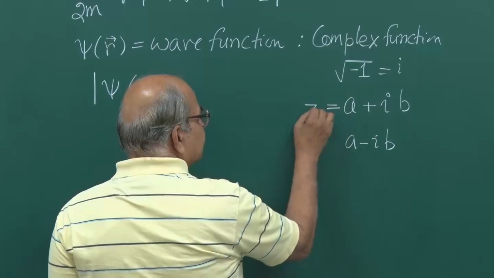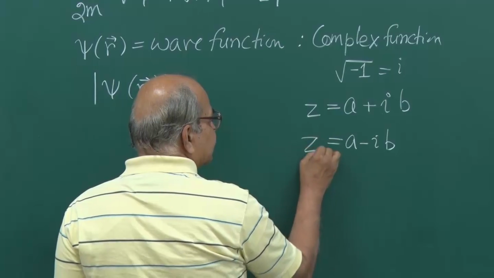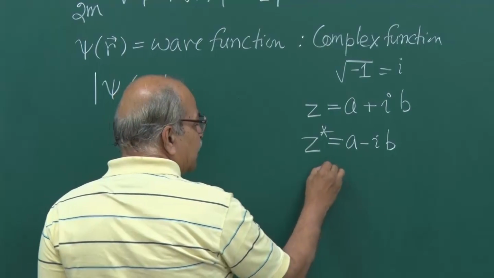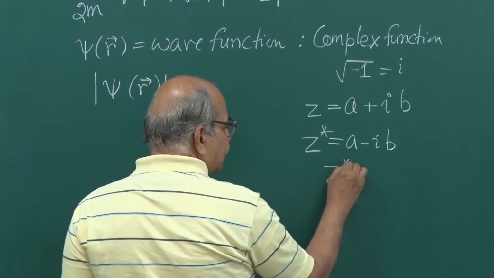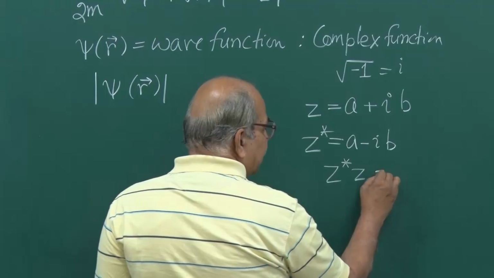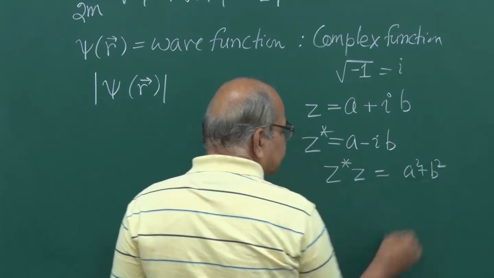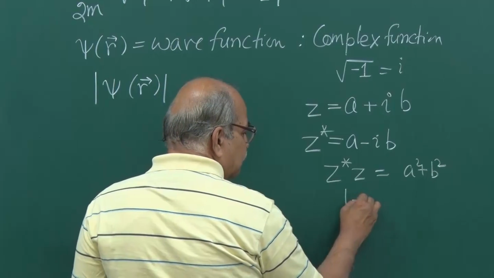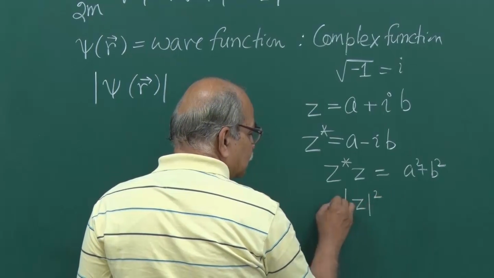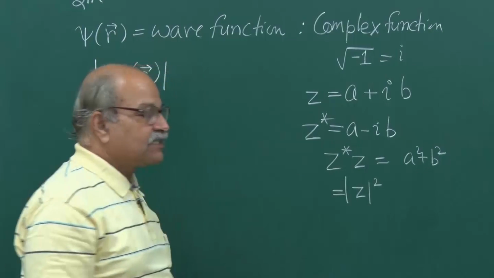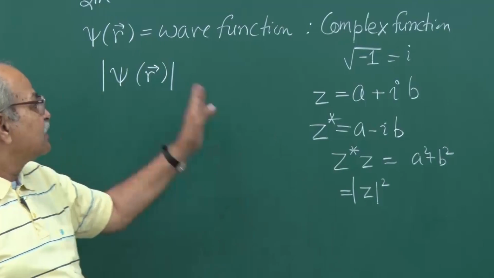So if this thing is Z, it is written as Z star, and if you write Z star into Z, that will be A square plus B square, and this is known as mod Z square. So it is essentially the same thing.